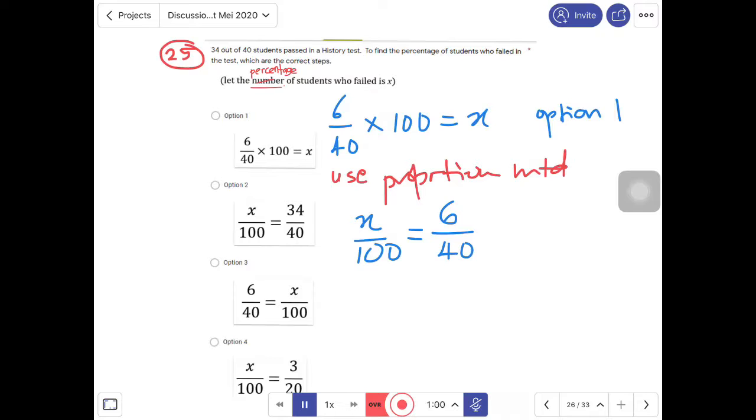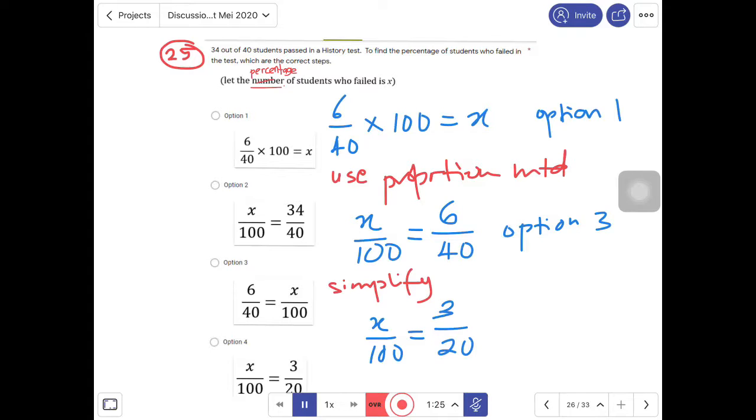So this is actually in option 3. And then if we simplify, when we simplify, so X over 100 equals 3 over 20, and this falls into, we can see this in option 4.